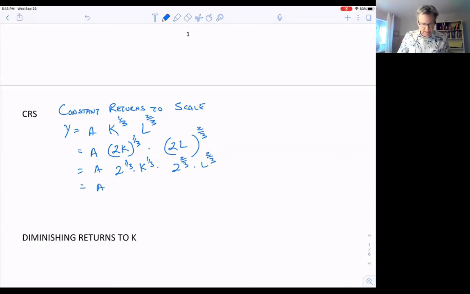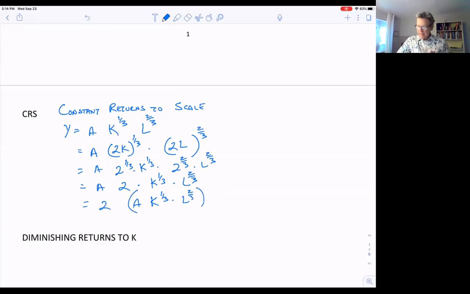That's equal to A times 2 times K to the 1/3 times L to the 2/3. So 2 to the 1/3 and 2 to the 2/3 is 2 to the 3/3, which is 1. And that's equal to 2 times A times K to the 1/3 times L to the 2/3.